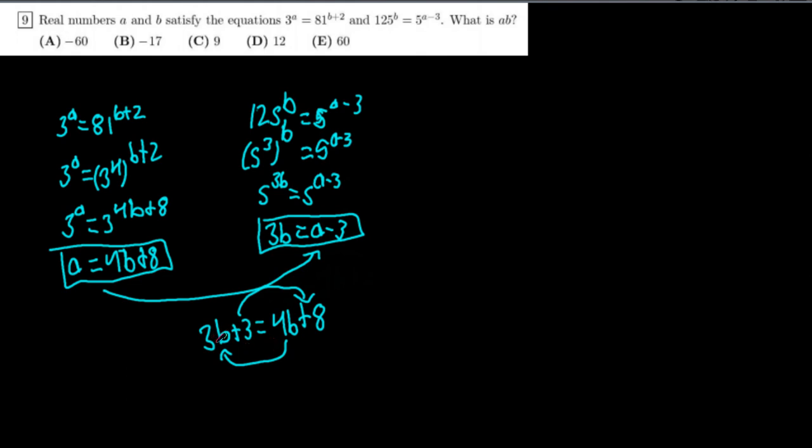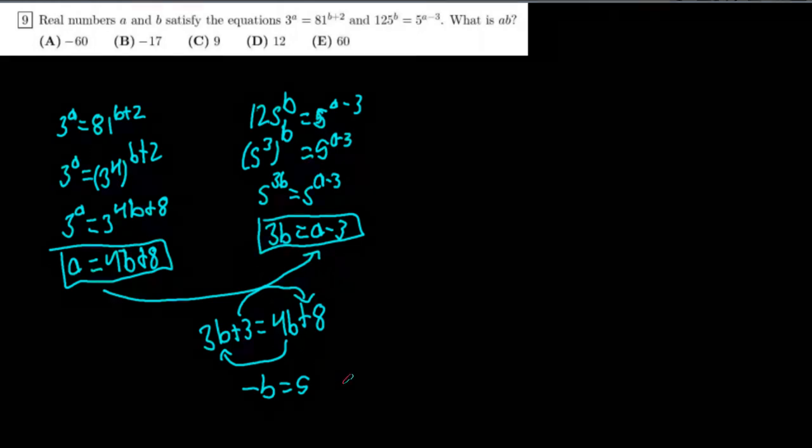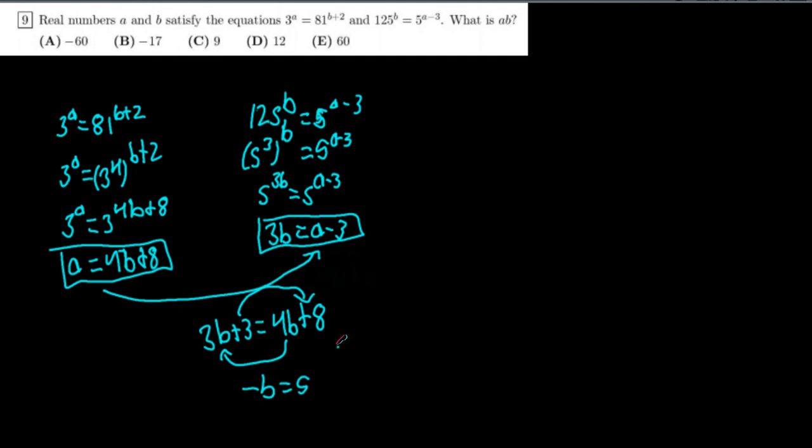And negative 4b plus 3b equals negative b. So we get negative b = 5. Or if we want to put it as positive b, we can put b = -5 if we multiply both sides by negative 1. So now we know that b equals negative 5.